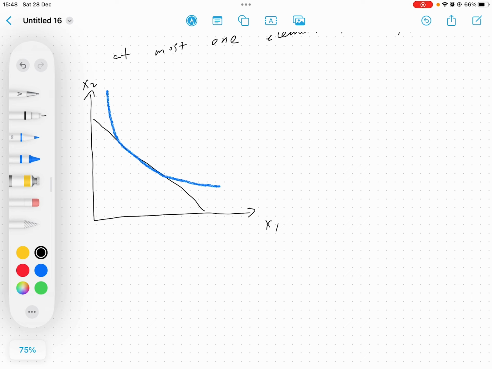Let's suppose in our argument x is here, x prime is somewhere here, and the convex combination x double prime is here. So this would be the set with this utility level u star. This is a case of convexity, but not strict convexity of the preferences.